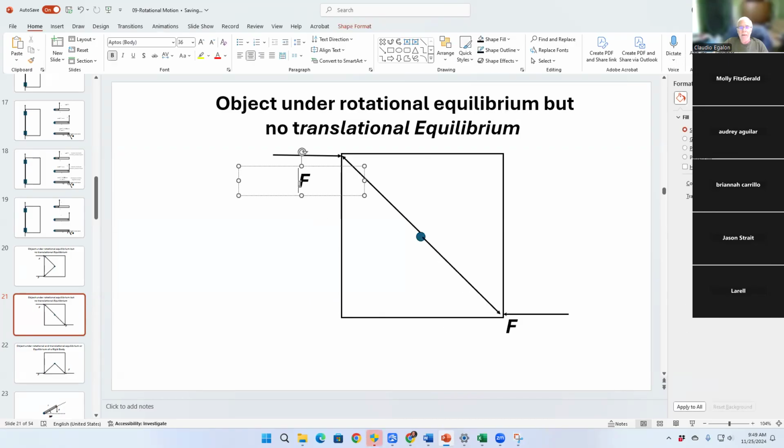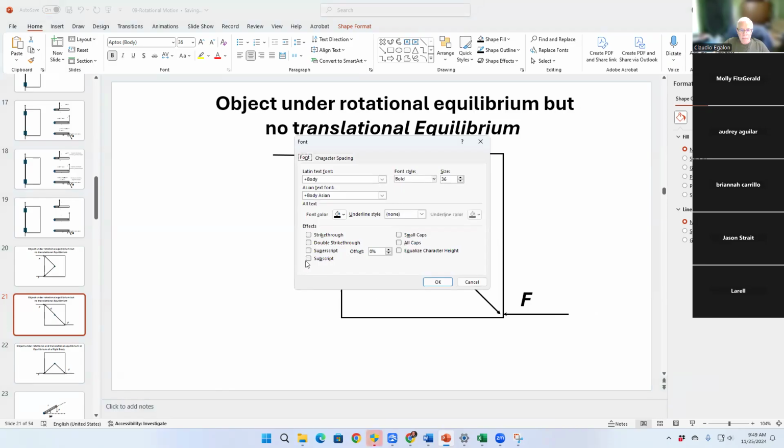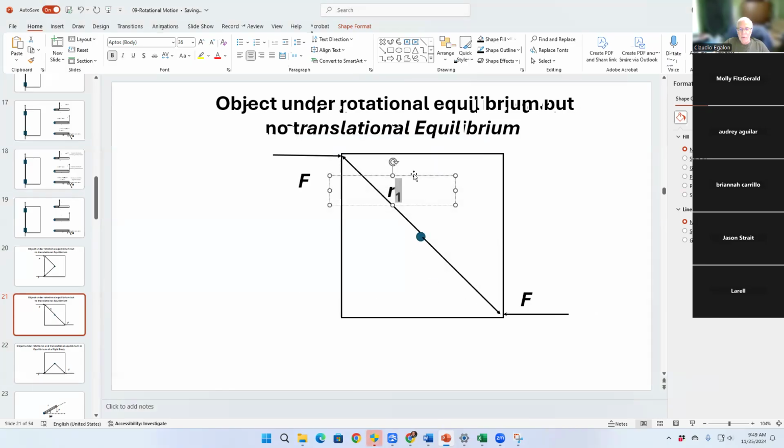Let's put this F right here at the top. This one is going to be my R1, subscript, and this one is going to be vector R2.